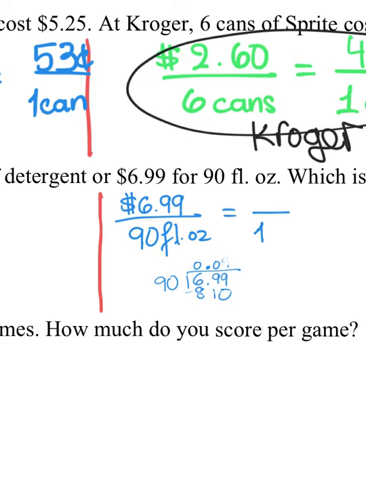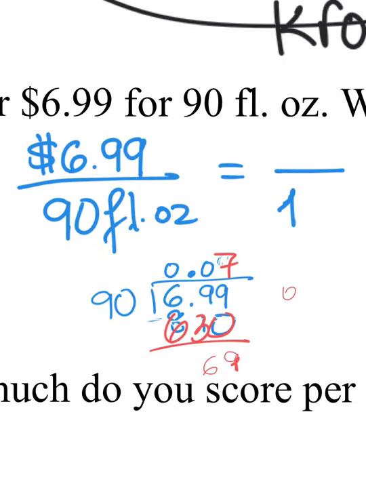All right, so 7 times 90 will be 630. 9 minus 0 is 9. You subtract and you got 69. You borrow 0. So 690 divided by 90, you will get another 7 again.